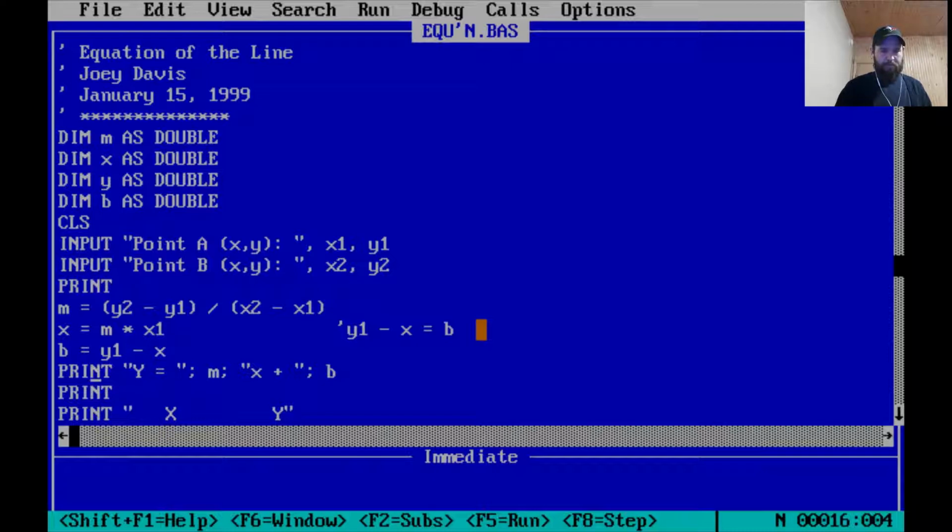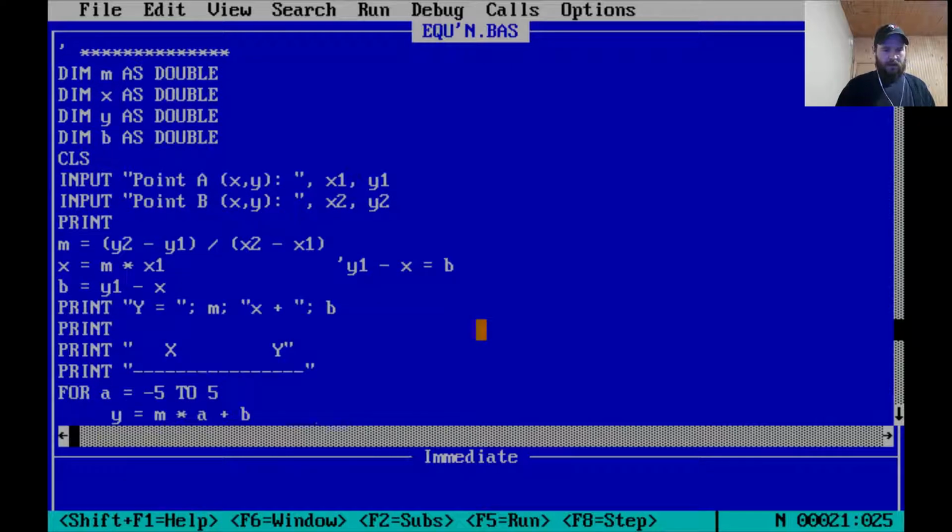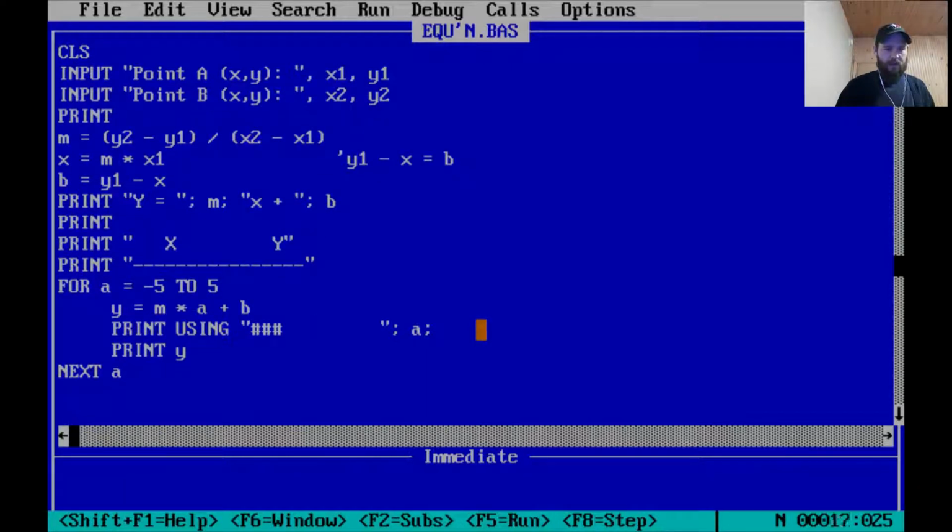Y equals mx plus b. Nothing intricate going on there. And then, oh, okay. So then I make this nice little chart, and I go from a equals minus 5 to 5. And then those are my x values, which I couldn't use x as my value because I used it up here. That's okay.